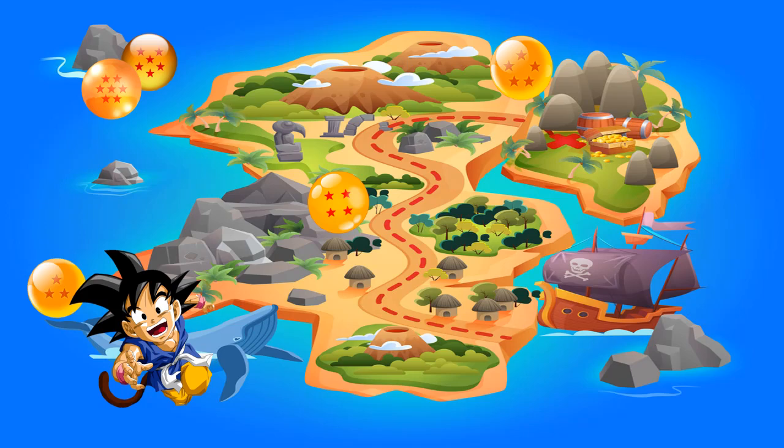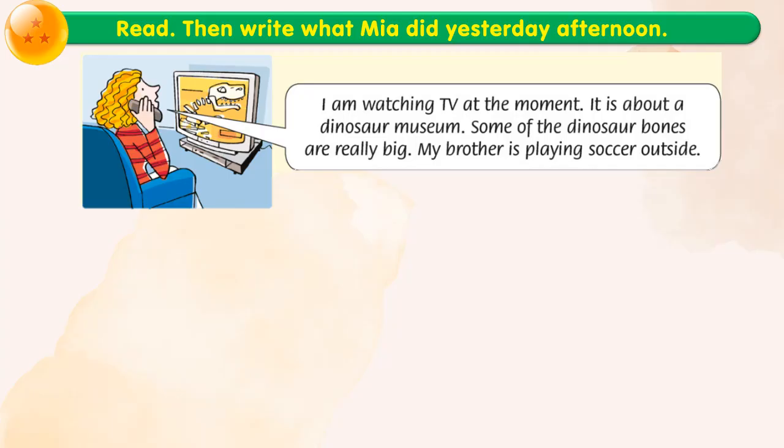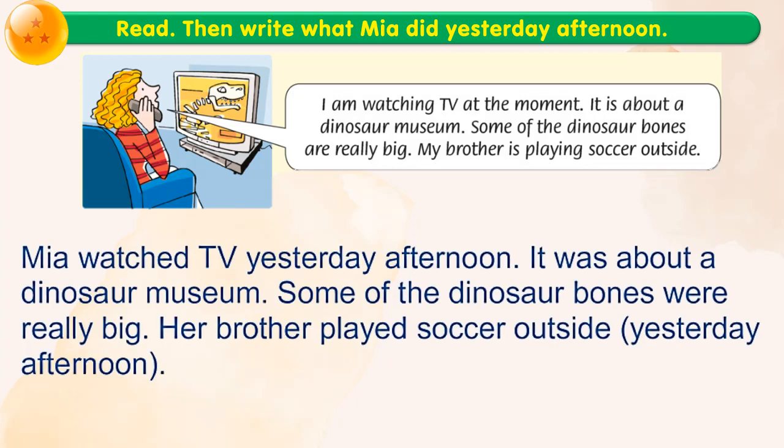The third Dragon Ball. Read and write what Nia did yesterday afternoon. See what she is doing. But right now, we need to find what she did yesterday afternoon. Okay, with this exercise, we need to find the line. Nia watched TV yesterday afternoon.